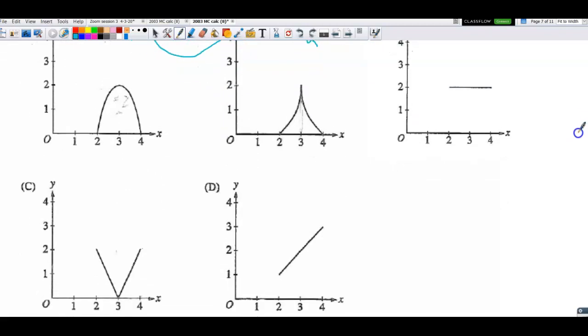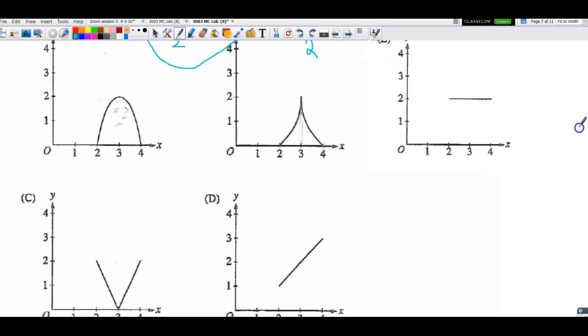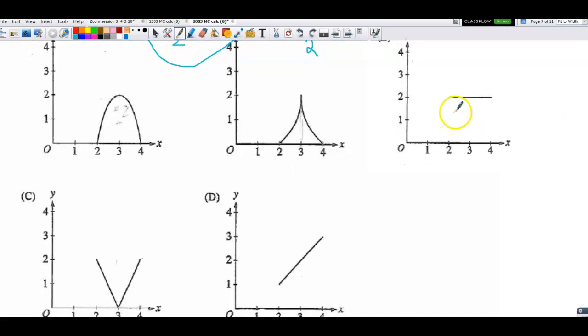So let's play around. If I were doing this, I would start here and say, okay, I have a rectangle from 2 to 4. So that's going to be 2 by 2 is 4. So that's not going to be it. Here I have a triangle. So it's 1 by 2. So that area is, did I do that right?